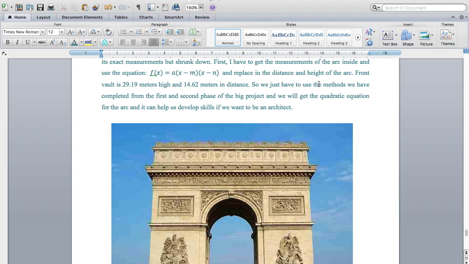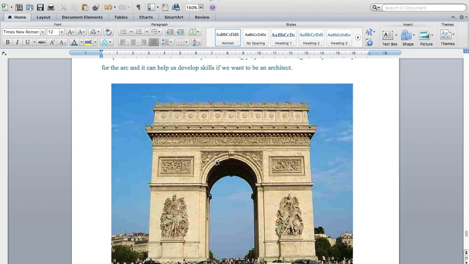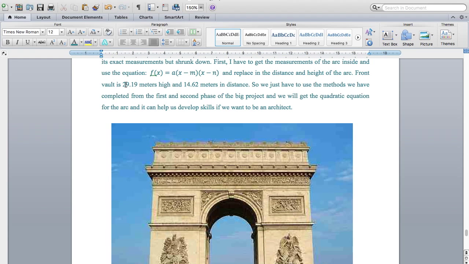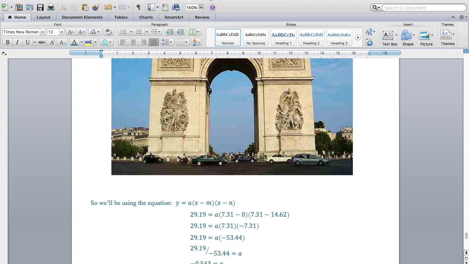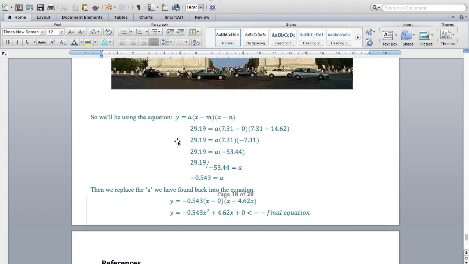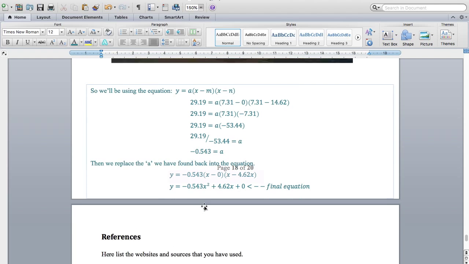And I have found out that the front vault, which is this part of the arc, is 29.19 meters high and 14.62 meters in distance, and use the information we have got, or the skills from phase 1 and 2. So here, the exact same thing, going through the same process, finding the a, replacing the a back inside the equation.